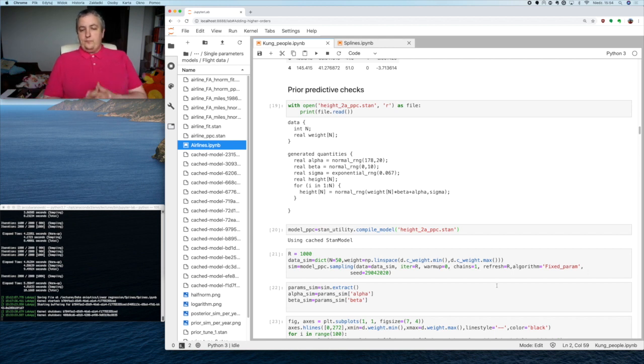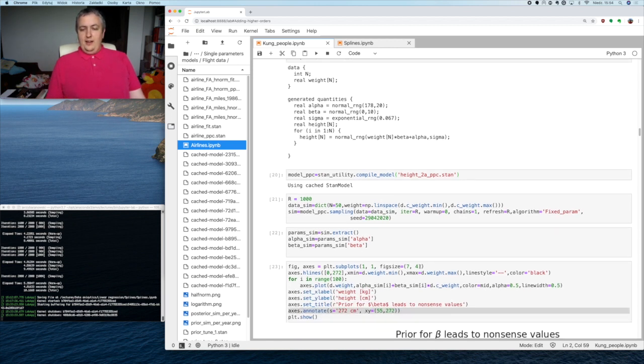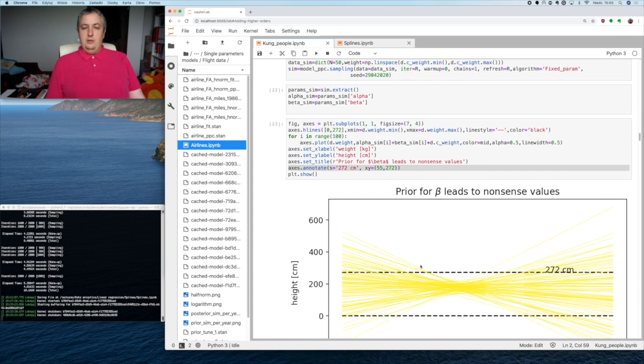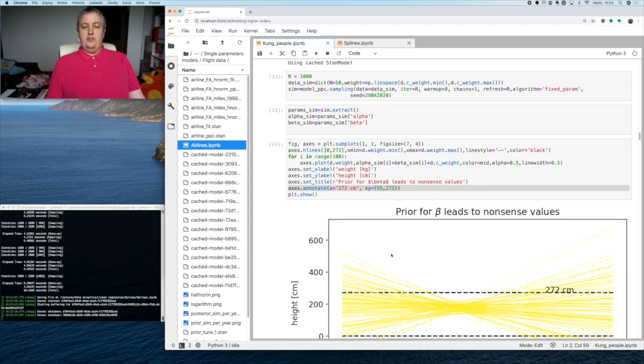Then we can simulate our model again without any complication. We are still working on fake data, and we can extract those data and see how our model looks, especially how the predictions look.